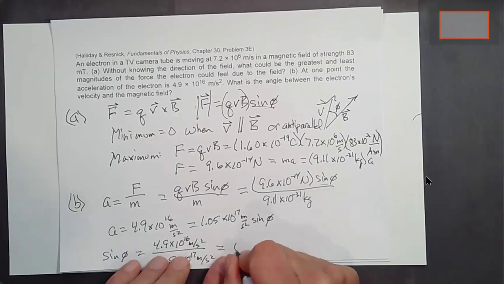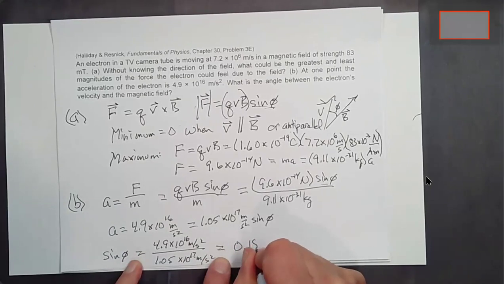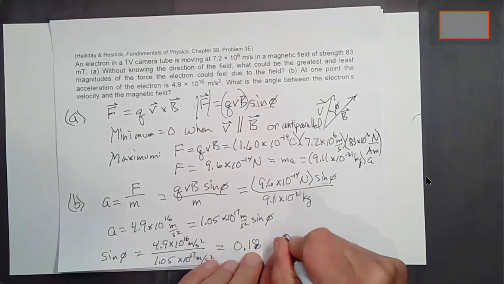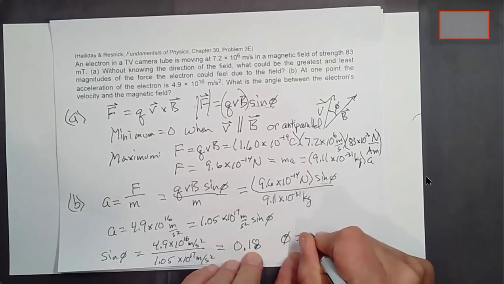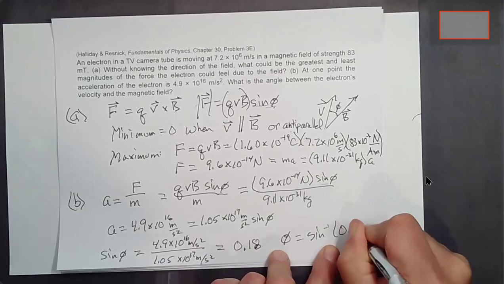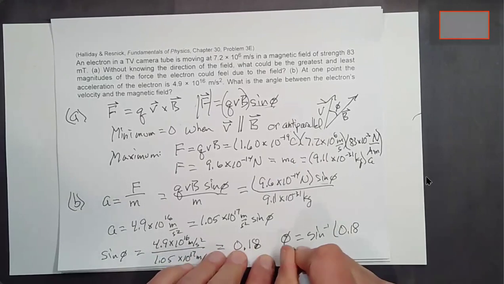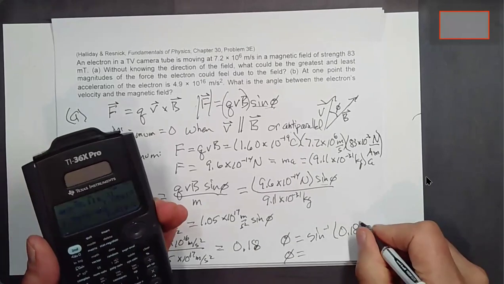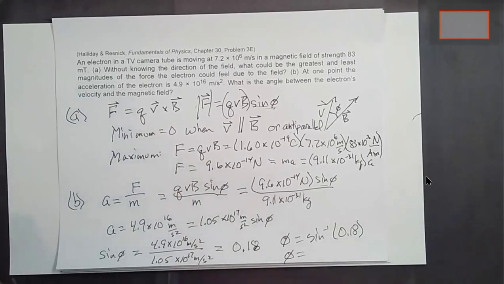Okay, I get 0.18 for that sine of phi. So the angle phi is going to equal the inverse sine of that. I don't know what it's going to be, some number of degrees, because my calculator's in degrees mode.